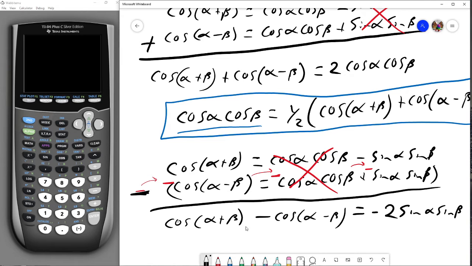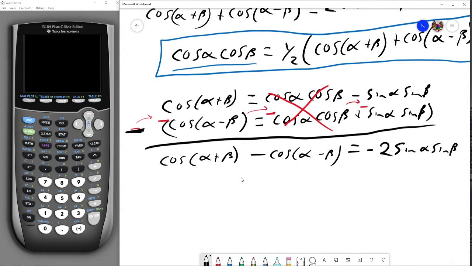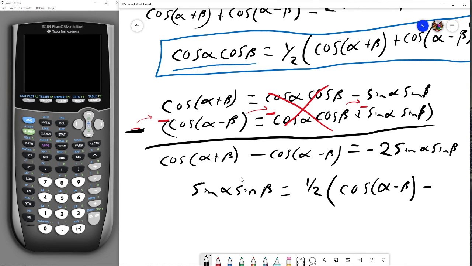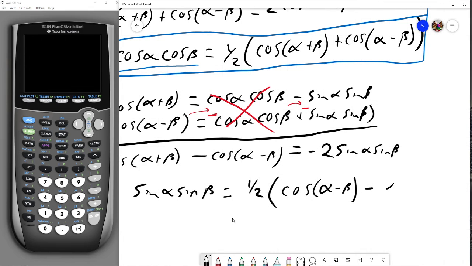So if we divide both sides by -2, then we get sine alpha sine beta has to equal 1/2. So I'm just going to distribute the negative. So we get cosine of alpha minus beta minus cosine of alpha plus beta.